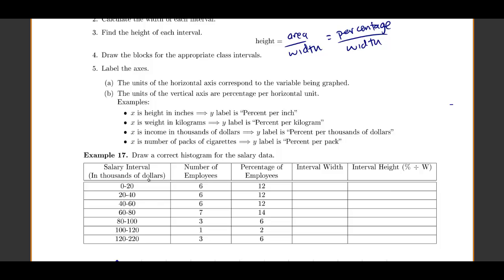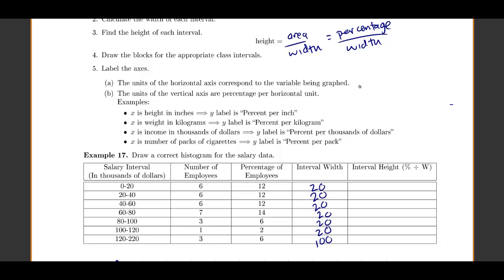So coming down to our table again, we have our intervals. I've counted up the number of employees that fall in each interval for you. And then we have the percentage of employees for each interval. So now let's go through and figure out the interval width for each one. If you go from 0 to 20, that has a width of 20. 20 to 40 also has a width of 20. 40 to 60 has a width of 20. They're each 20, except for the last interval, which has a width of 100.